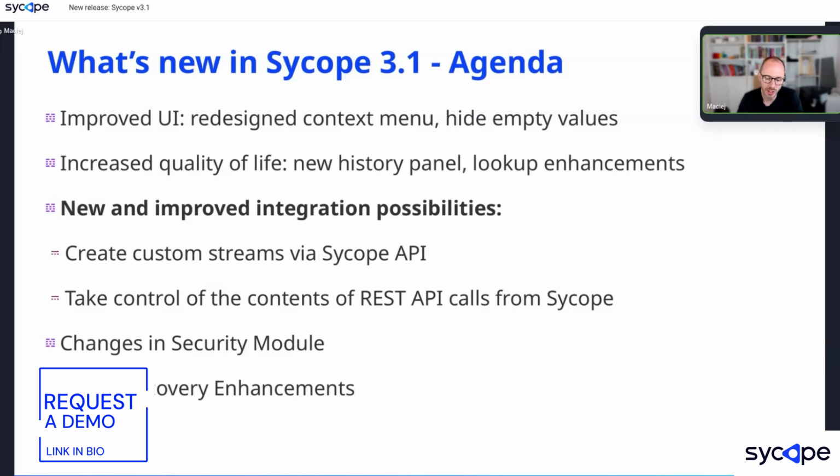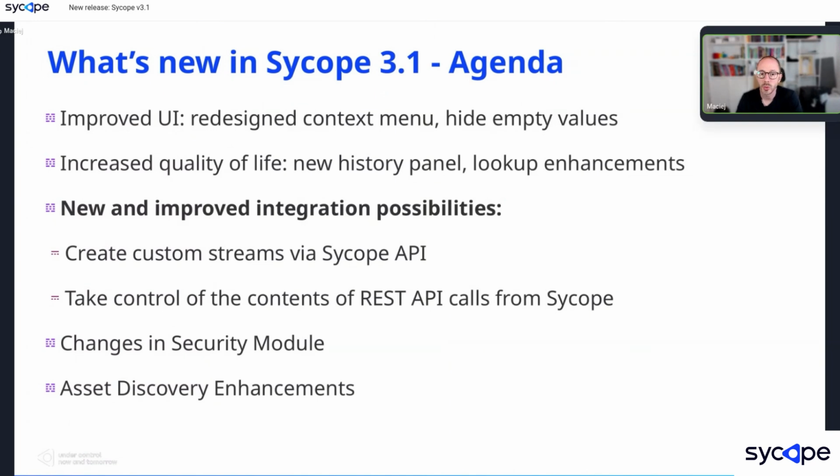It's much easier to read the contents of your data when you are automatically hiding empty values. We also have very nice improvements in quality of life. One small thing is that we have a new history panel that is very easy to access and very easy to look at your own history in Sycope to make it easier to come back to certain analysis.